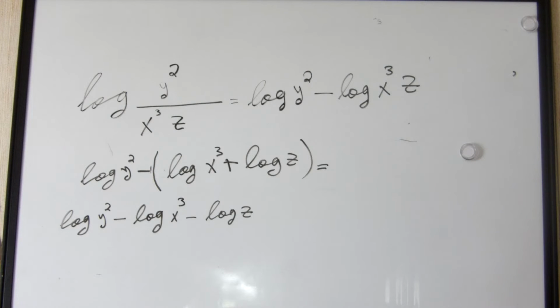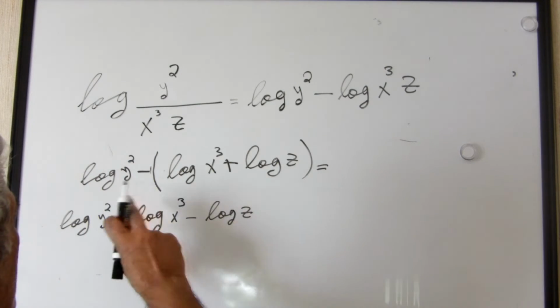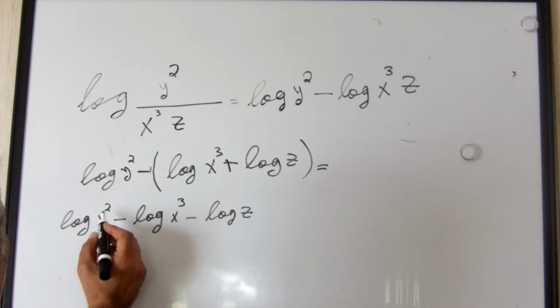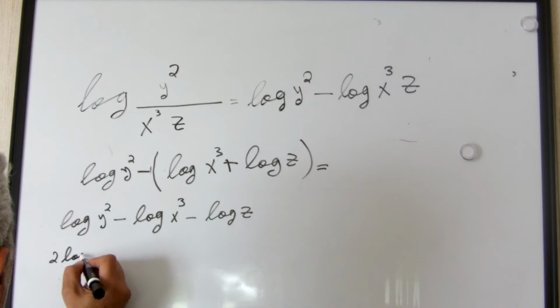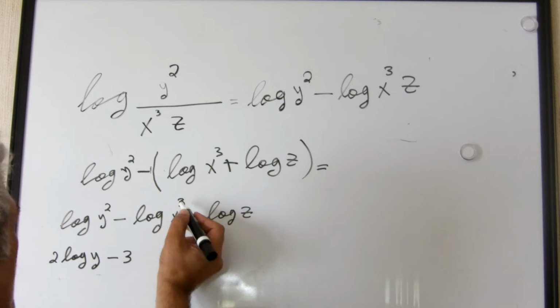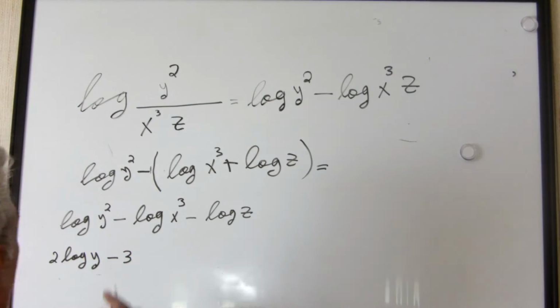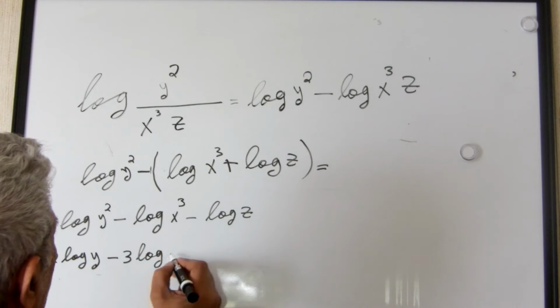Okay, and there is another property that this logarithm has. This is so far expanded. We can write this one as 2 log y minus 3, the exponent 3 is going to come in front of this and say log x.